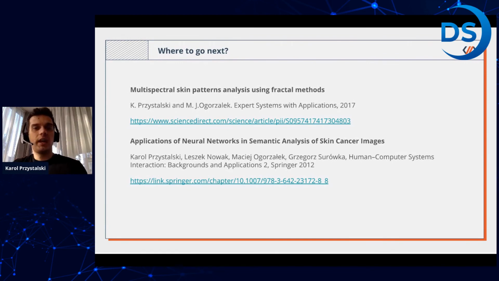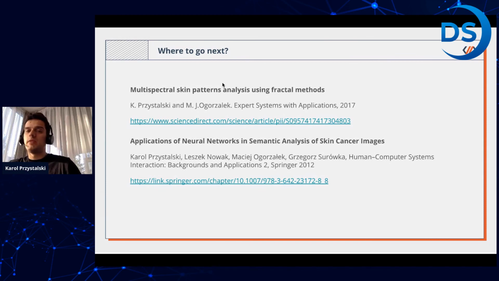Here are just a few papers that I have published. Feel free to read them; they explain things in more detail from a scientific point of view. One of them was published 3 years ago. It's about the fractal method that I showed you before, based on multispectral images.